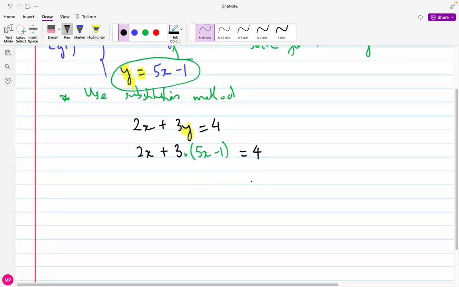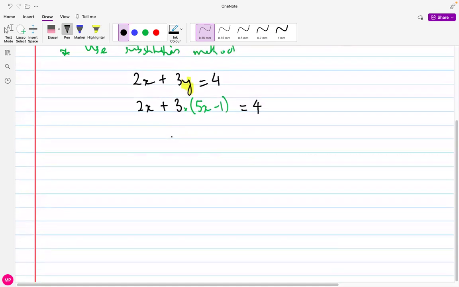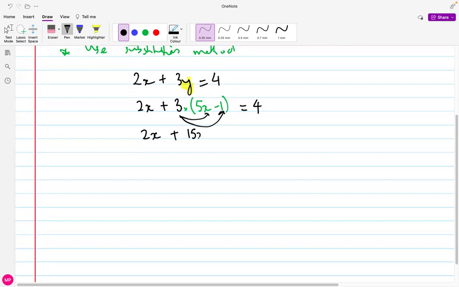From here, you can see that the equation only has the letter x, so you can solve for x by expanding it out: 3 times 5x, 3 times negative 1. So 2x again, 3 times 5x is 15x, 3 times 1 is 3, equals 4. Then 2x plus 15x is 17x minus 3 equals 4.